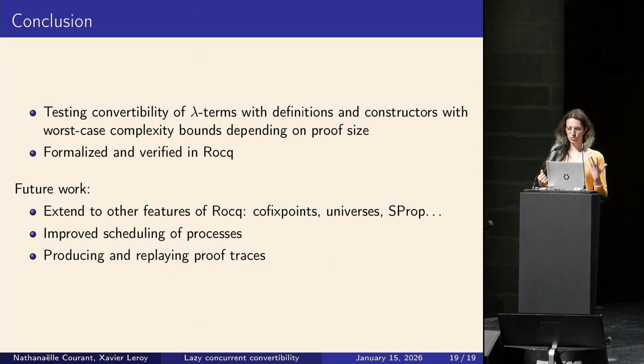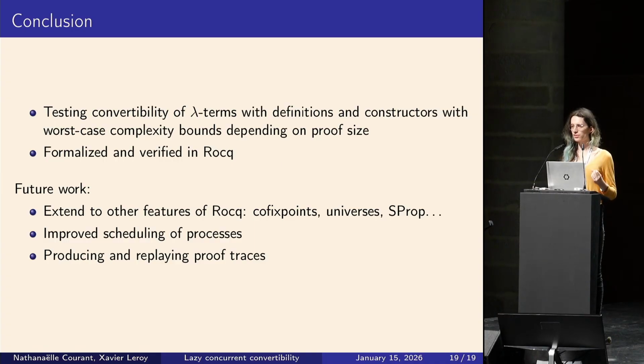So, in conclusion, we have a convertibility test for lambda terms with definitions and constructors in the Coq formalization, with worst-case time complexity bounds depending only on the size of the shortest proof of convertibility or non-convertibility.